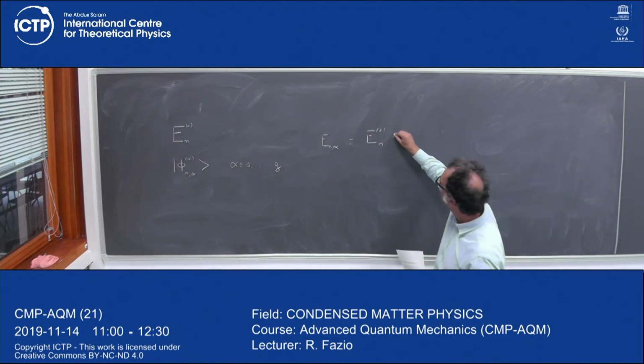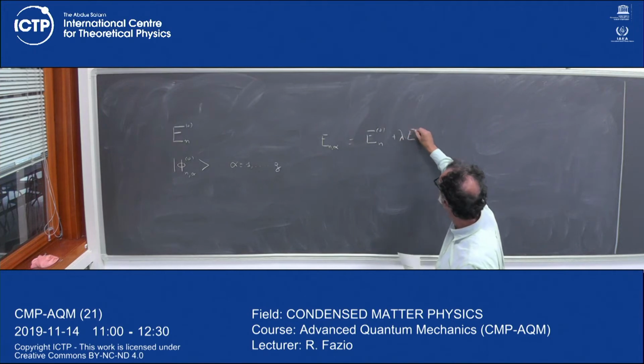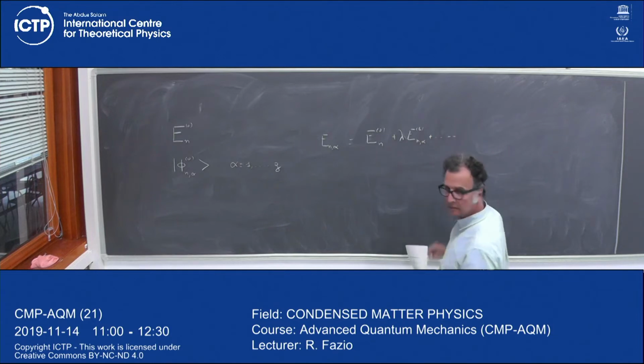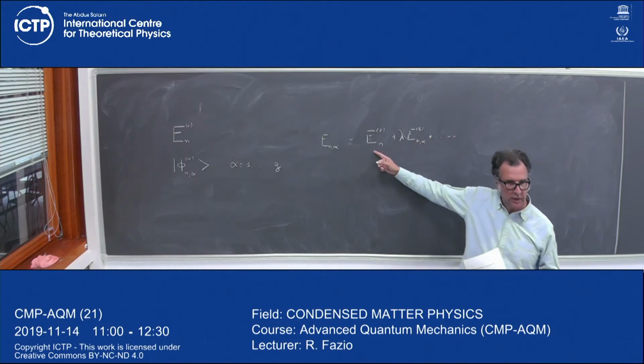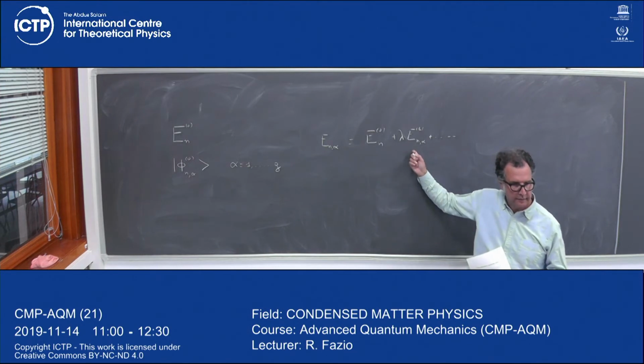Then I get plus lambda E1 n alpha plus and so on. So the zero order does not depend on alpha, only the correction.